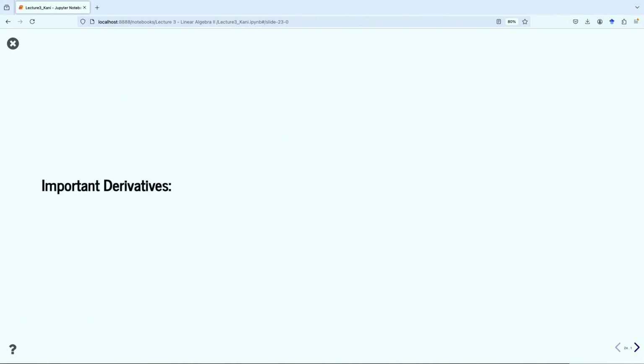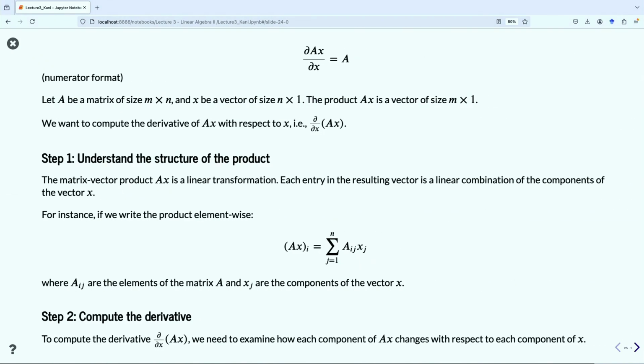And then finally, I just wanted to end the lecture maybe on some brain teasers, just thinking of some important derivatives, seeing if we understand what's going on in some of these things. Two important derivatives. Let's say we have a particular matrix A, and we want to take the derivative of a coefficient matrix times x, A x, with respect to x.